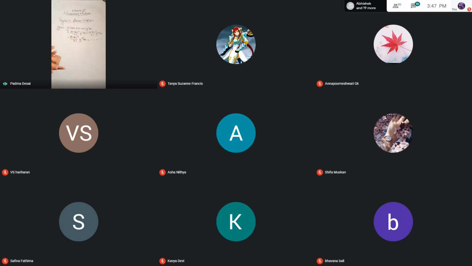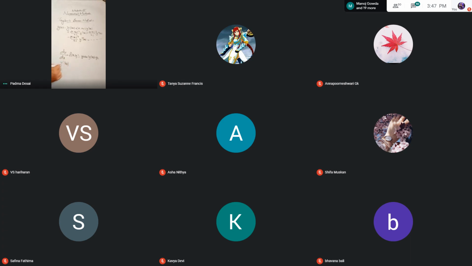First find y dash of x, given by dy by dx. Next, y at x naught will be given in the given problem. The question will be like this: dy by dx is equal to a function of x comma y, given y of x naught is equal to y naught. This will be the condition. We know that dy by dx is nothing but y dash of x.